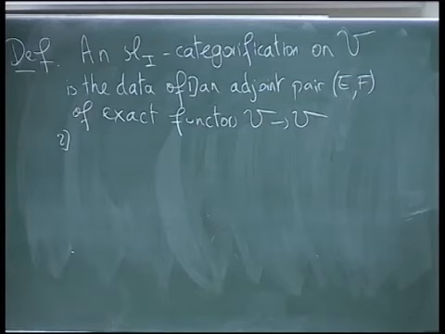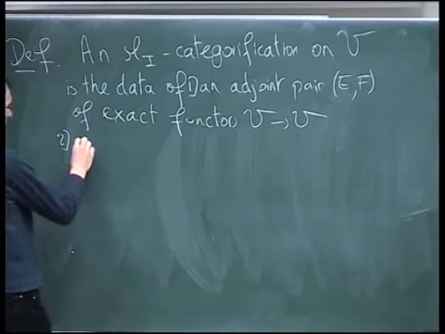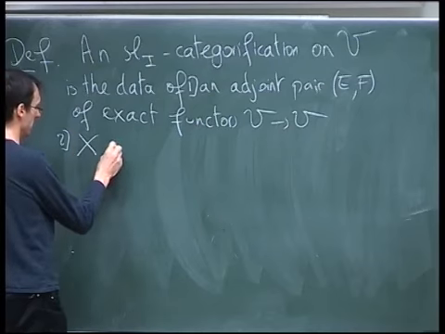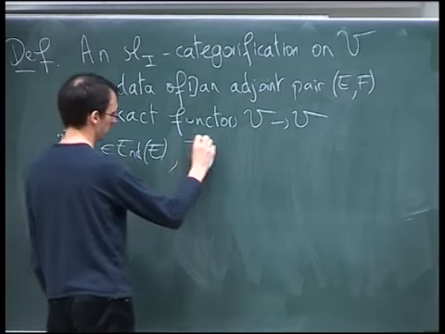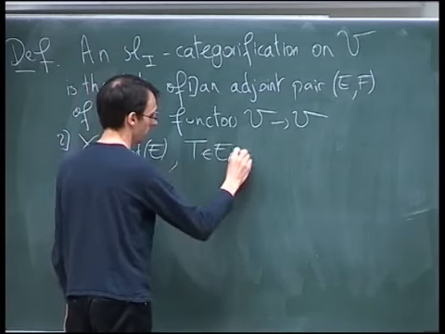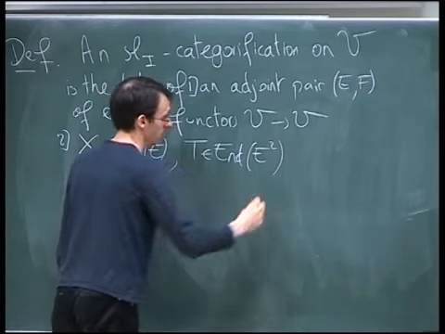So first you're given adjoint functors, then you're given endomorphisms: capital X, an endomorphism of E, and capital T, an endomorphism of E squared.